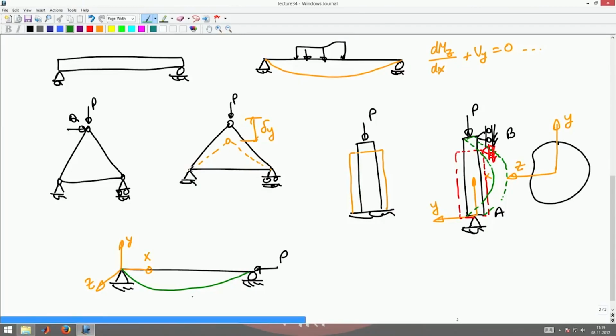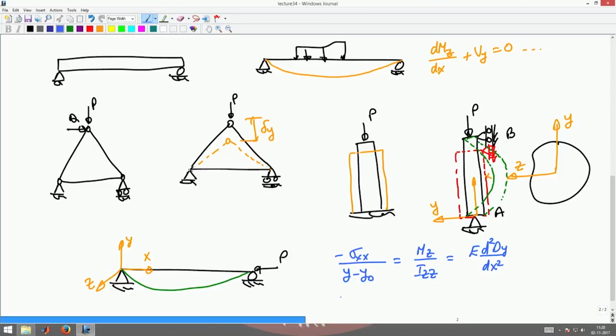Okay. Even though we derived it for a case where it was subjected to pure bending moment, we saw that the equation for bending, minus sigma xx by y minus y naught equal to Mz by Izz equal to E d square delta y by dx square, was for bending deflection occurring along the y axis, right?